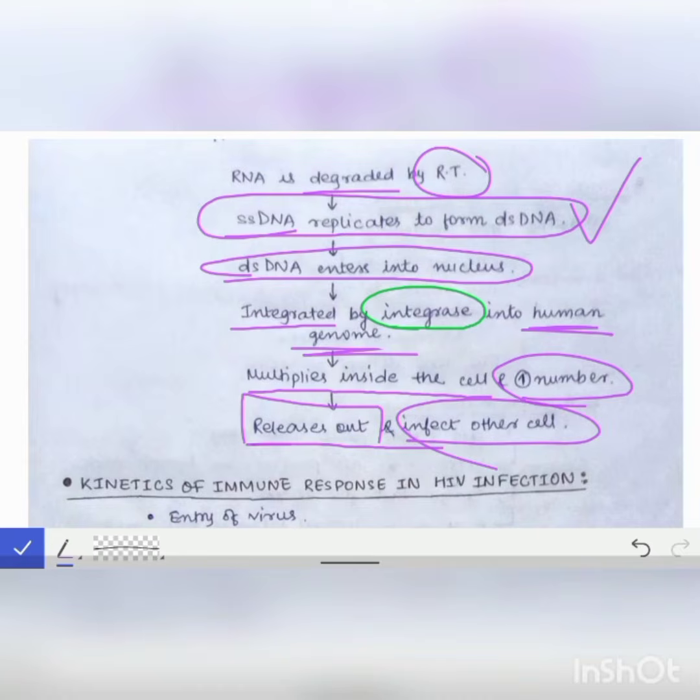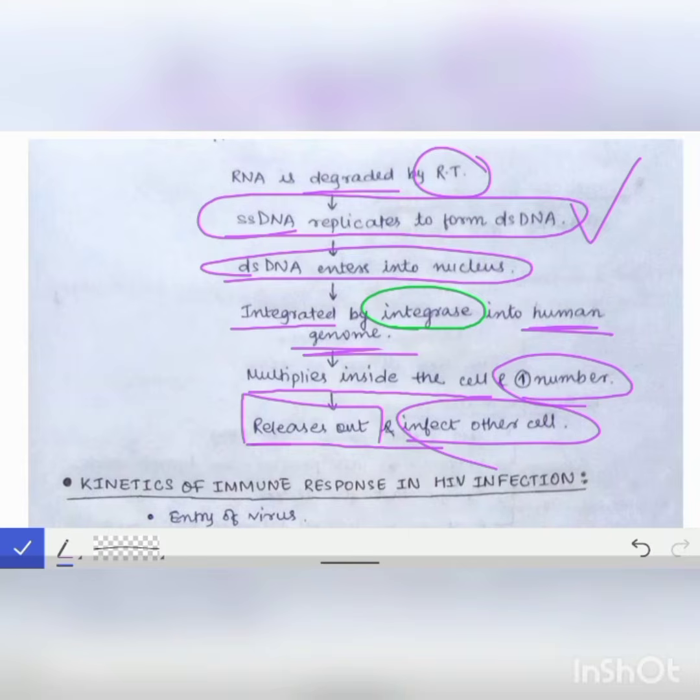So this all happens there, and after the biosynthesis stage, biosynthesis meaning synthesis of the viral DNA, and the enzymes like integrase, protease, reverse transcriptase, and the capsid proteins, these are all synthesized, and then the virus assembly occurs and they are released out.